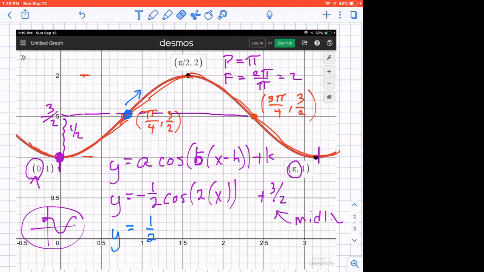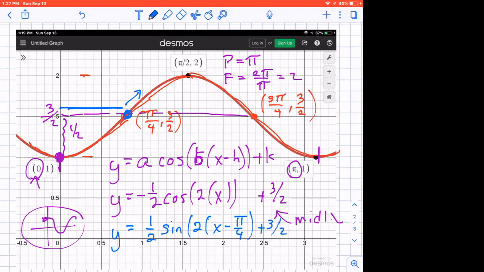It still has the same frequency of 2. It is shifted this distance right here, so it's shifted to the right pi over 4. And then it's still increased by 3/2.